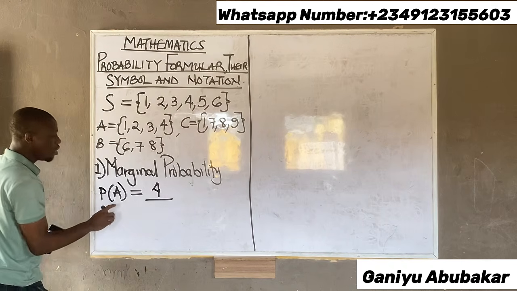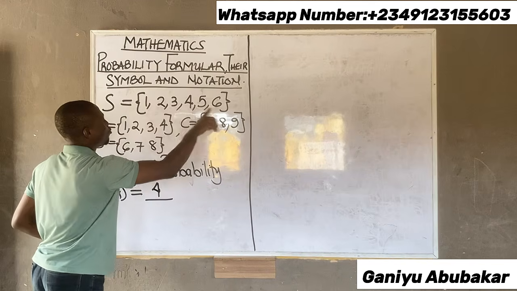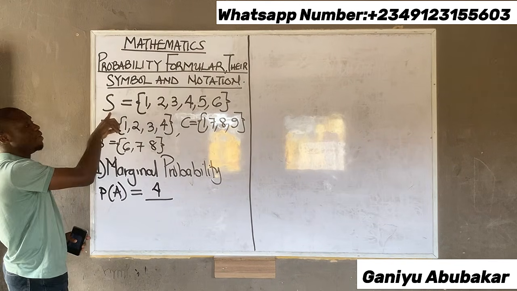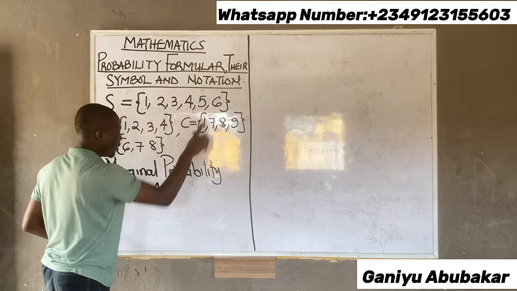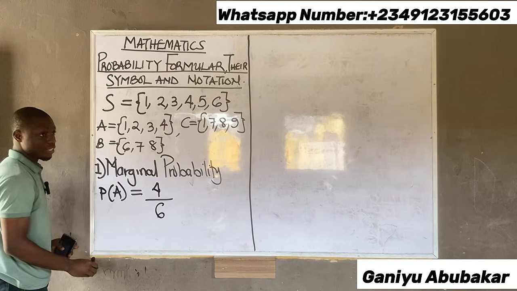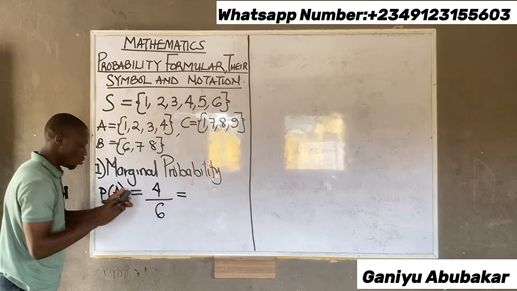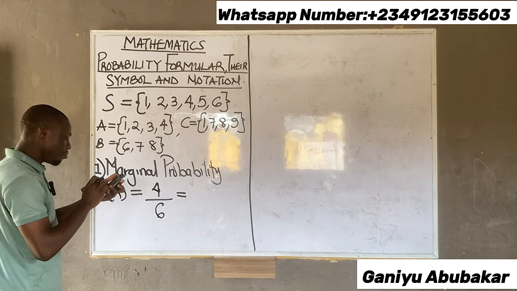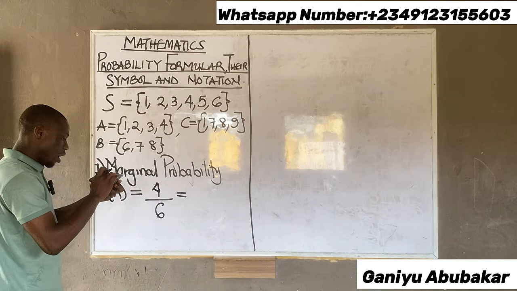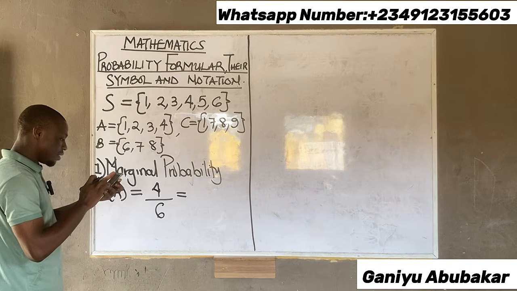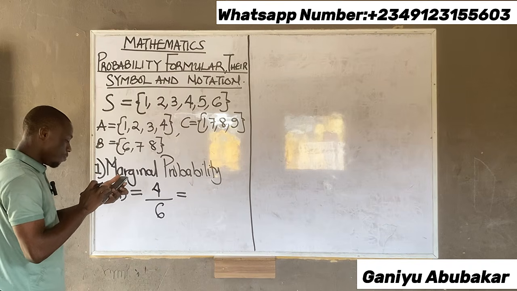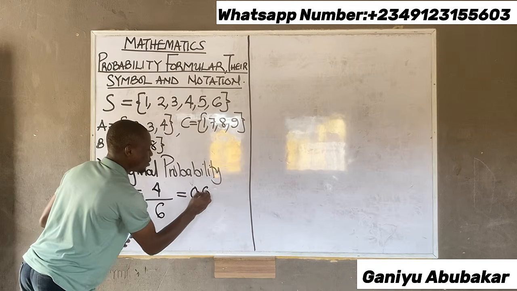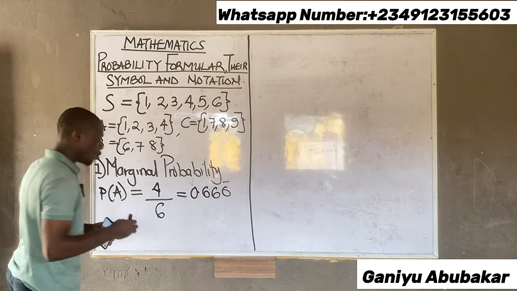All over the total of the sample space. We said the total outcome, also known as the sample space, is 1, 2, 3, 4, 5, 6. That gives you 4 over 6, and if I divide the two of them, 4 divided by 6 gives you 0.666, and it continues.